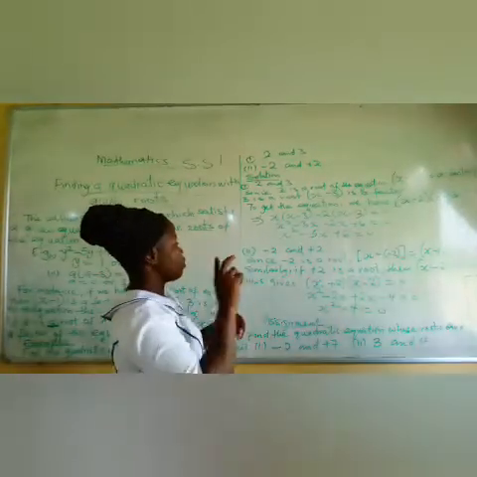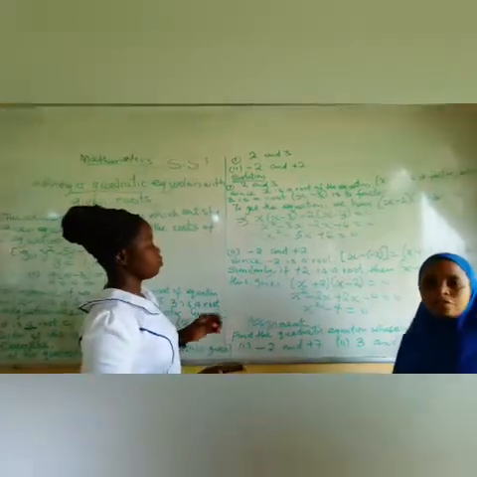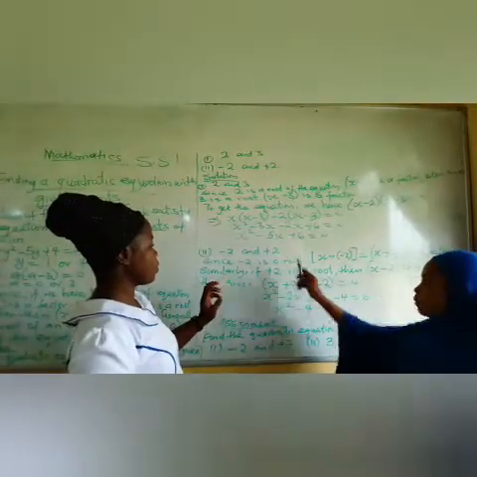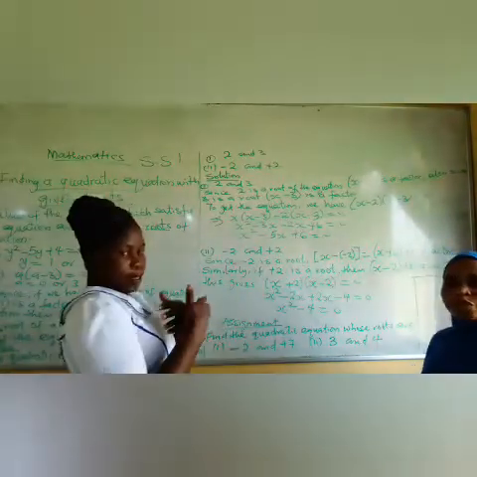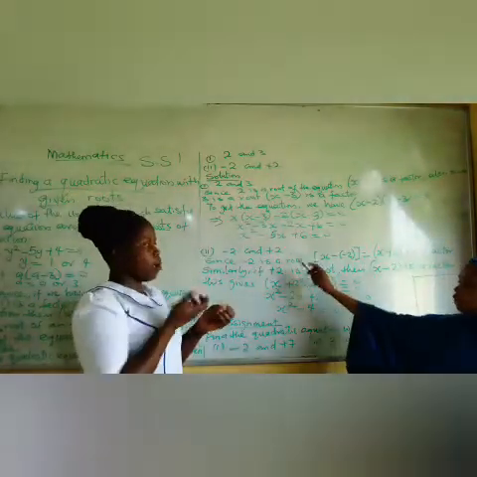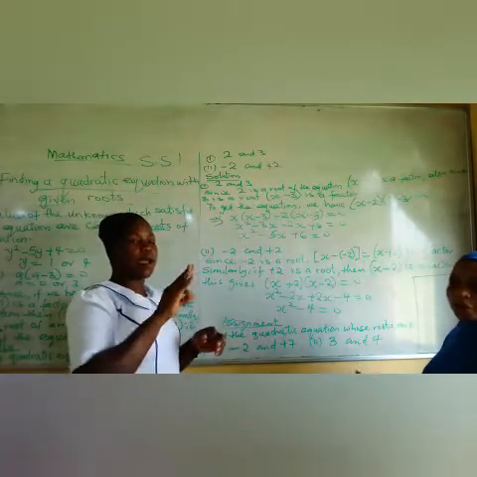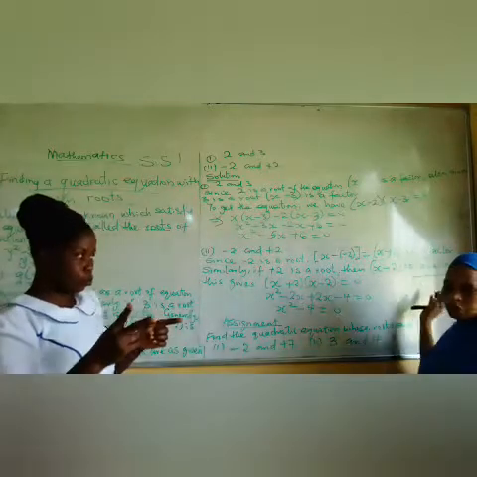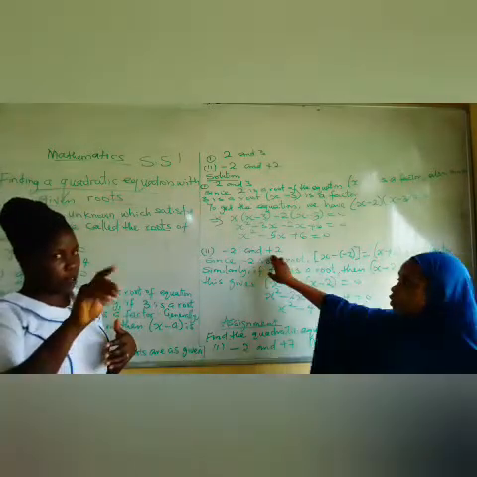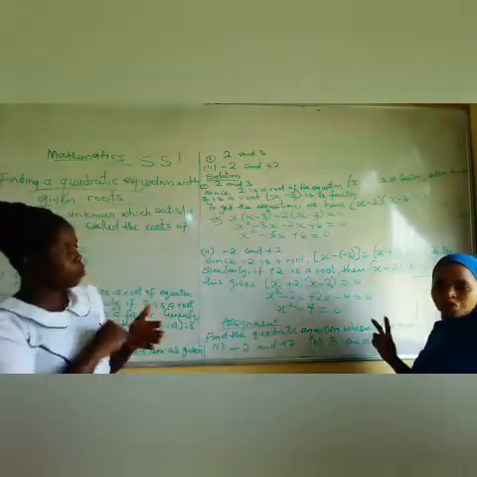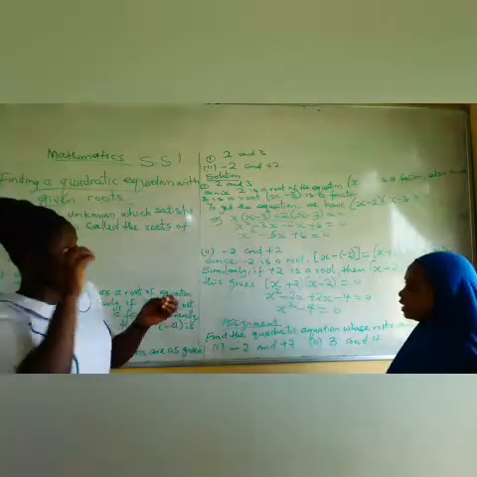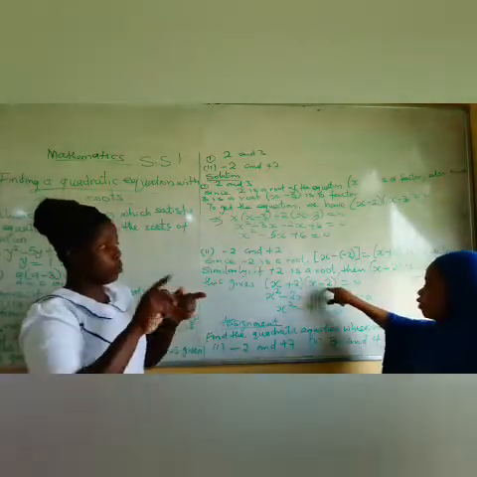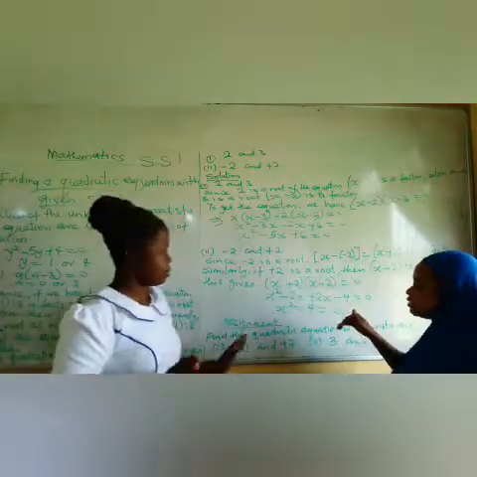For the second root, you are given a is equal to plus 2. We want to form our factor from a is equal to plus 2. Here we have x minus 2 as a factor. Because the positive value is given here, you don't need to introduce any bracket again. You just subtract the value of the root given to you from x.